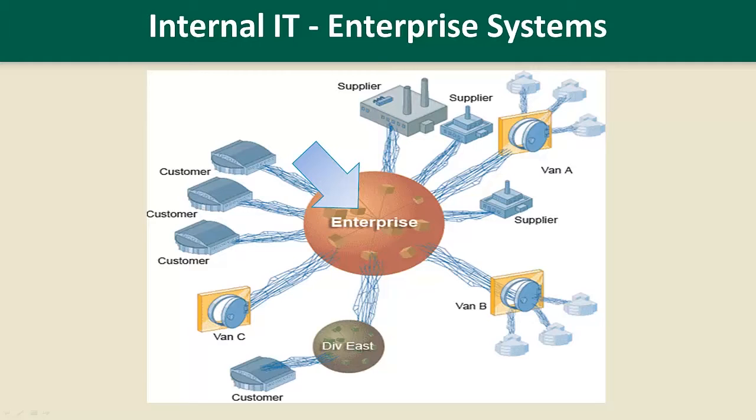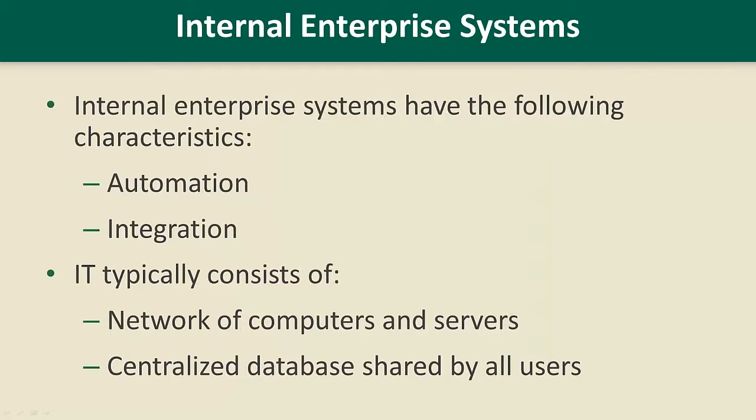here by squares that are interconnected. Squares represent computers and the lines represent communication infrastructure. So the enterprise system, the internal system, has the following characteristics. It is automated and integrated.